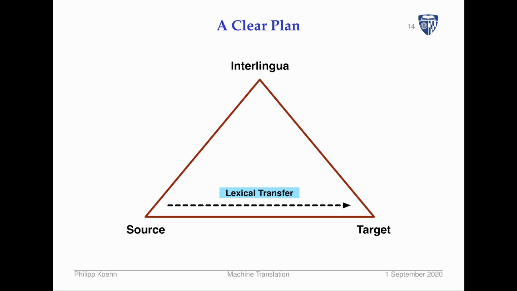So we could just come up with a sentence in the source language and map it by just translating all the words into the target language. Maybe we need to have some fancy rules about reordering, but the idea is it's just pretty much a word mapping problem, and that's what we should focus our attention on.